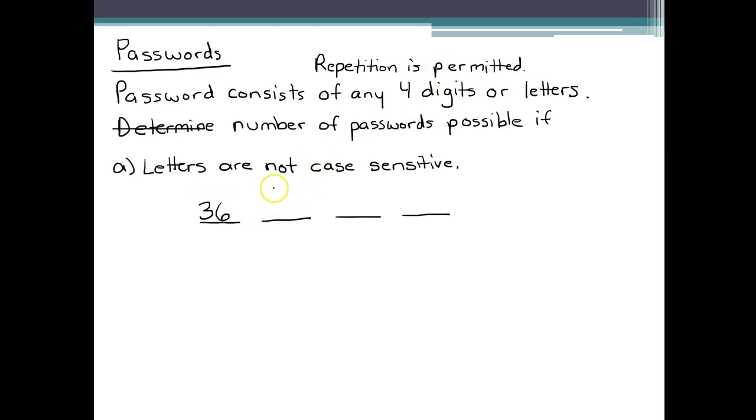And since repetition is permitted, those same 36 options are available in the second entry, the third entry, and the fourth entry. So you multiply all those together. Essentially, you have 36 to the 4th power, and I get 1,679,616.